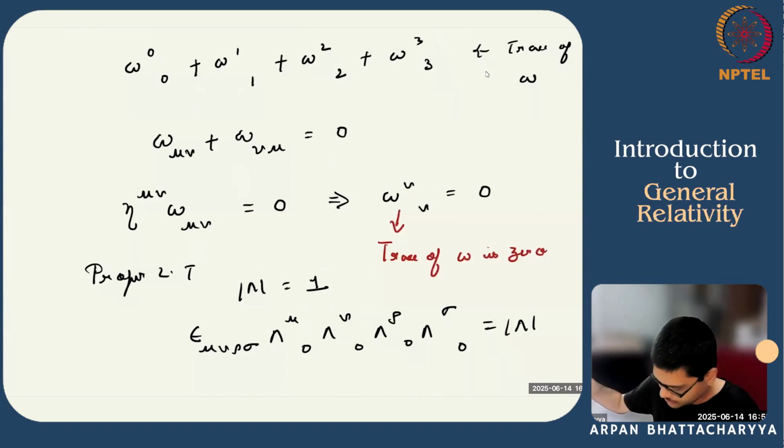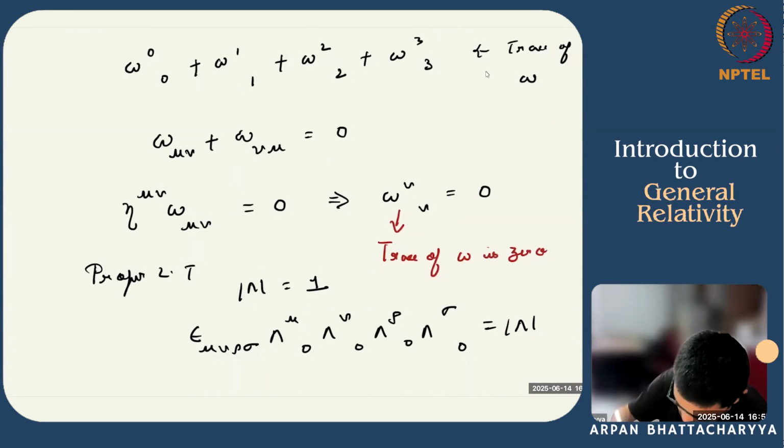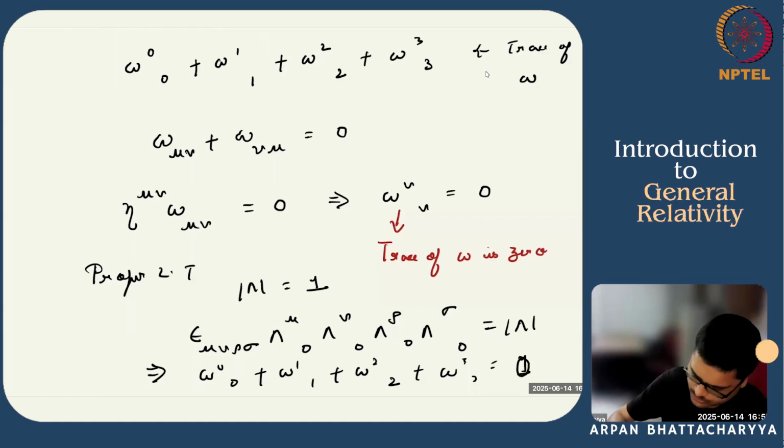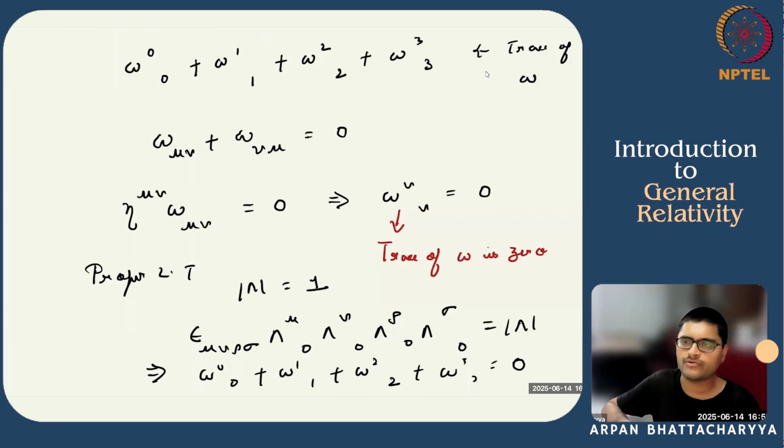Please do that algebra, and you will get from here directly omega 0 0 plus 1 1 plus 2 2 plus 3 3 equal to 0. So trace vanishes. Okay. So you can see that if you use the component notation, you can do this calculation quite faster compared to what we have done previously while discussing this Lorentz group, etc., by doing a brute force matrix multiplication.